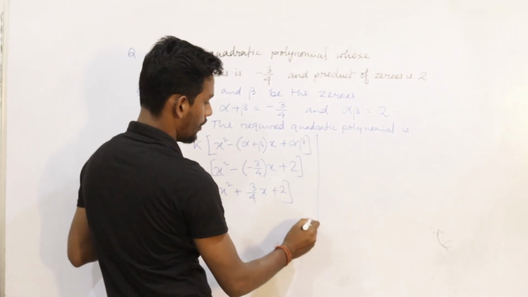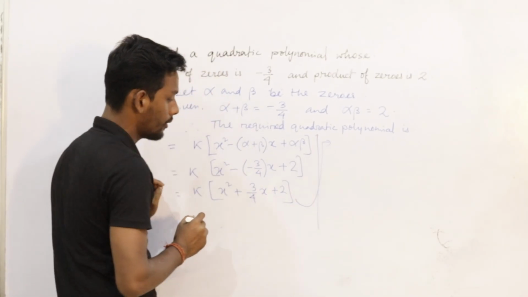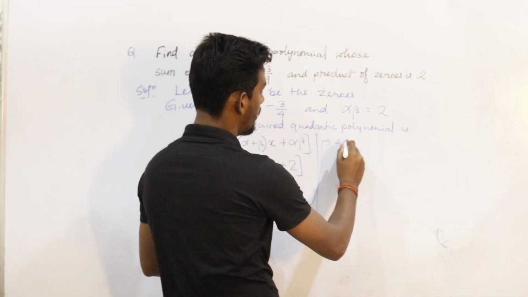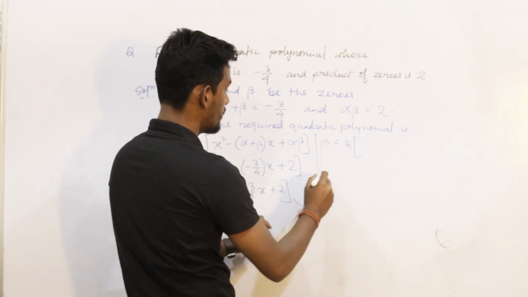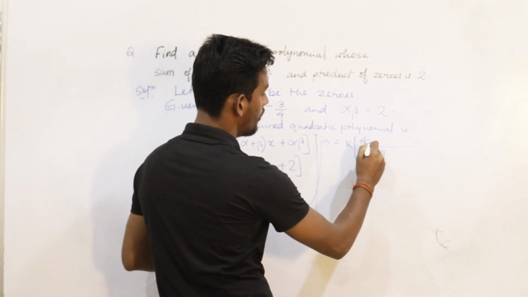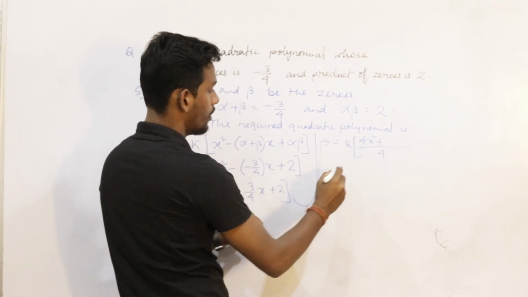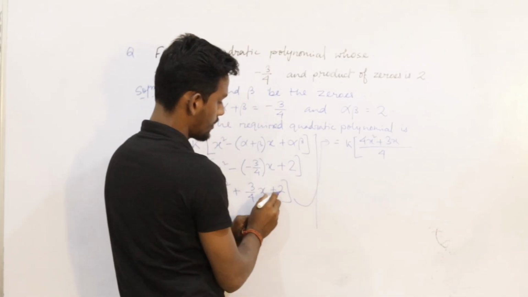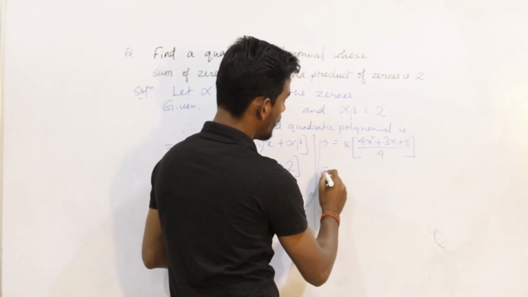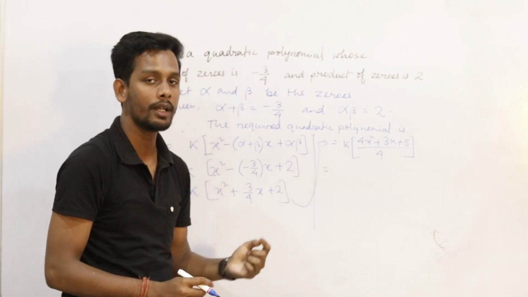Now in the next line you have to take the LCM of this. So here it is k, LCM is 4, it will be 4x square plus 3x plus the third term, 4 into 2, 8. Now you have to remove the constant k.